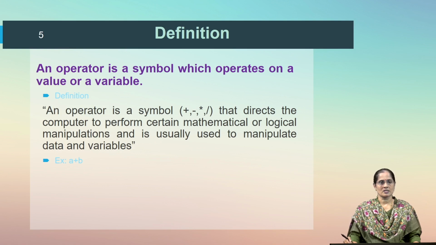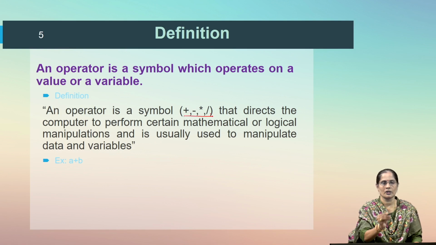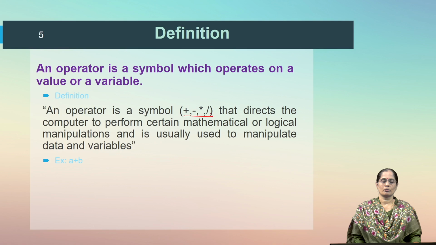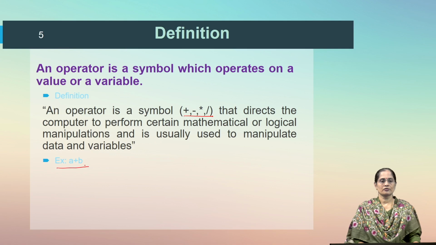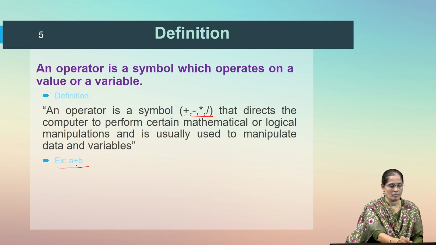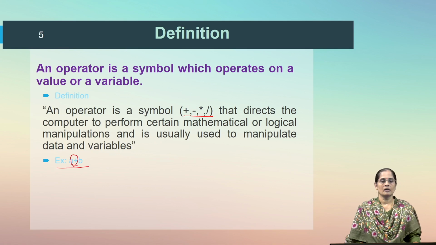It can be a plus, minus, asterisk, slash, as it is represented over here, that directs the computer to perform certain mathematical or logical manipulations, and it is used to manipulate or change the data and variables. For example, we can make use of the plus operator. The operator plus is a symbol that is used for applying addition between two integer values.